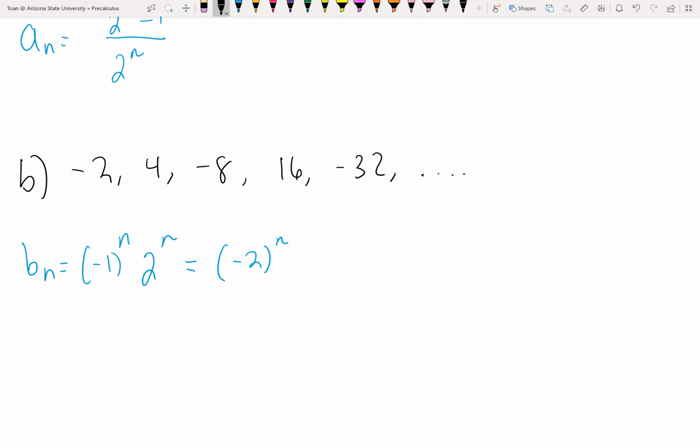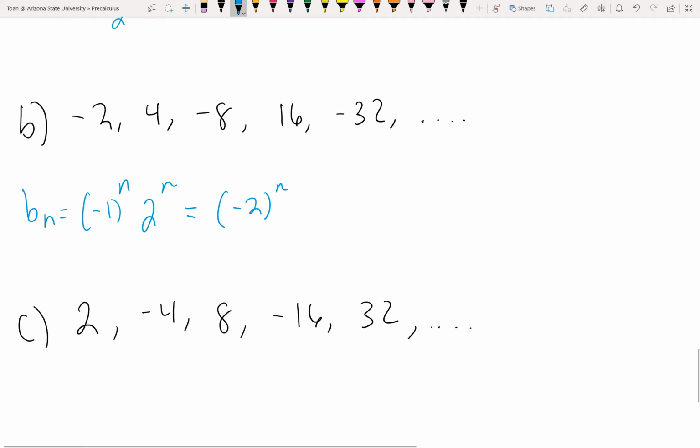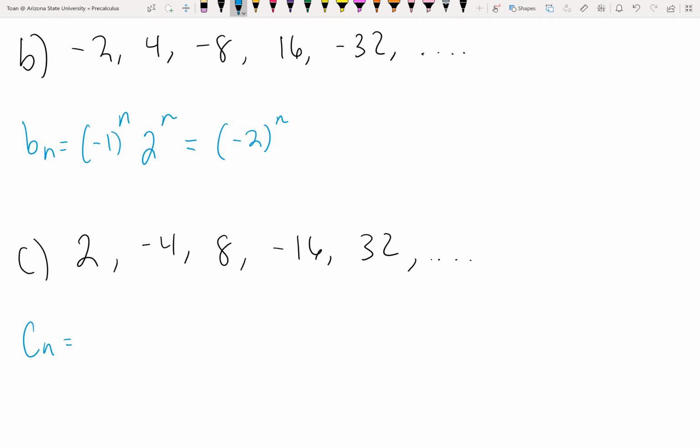So let's take a look at the same sequence, but slightly different: +2, -4, +8, -16, +32, so on and so forth. So we already know there's going to be a -1 to the nth somewhere. And we already know it's going to be 2 to the nth power, because those are the multiples of 2. But here's why I'm emphasizing the domain.